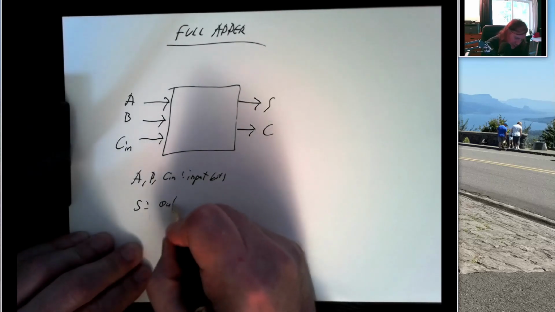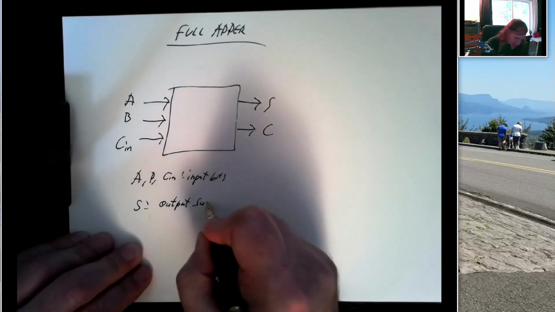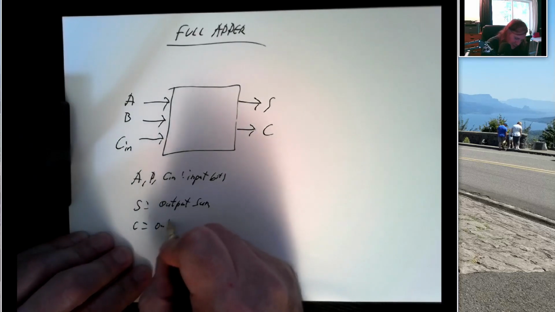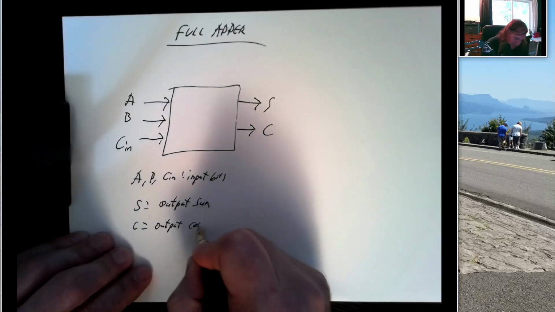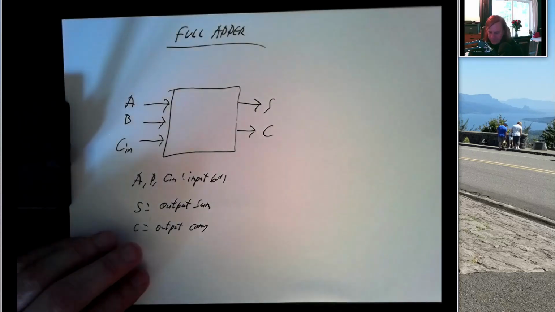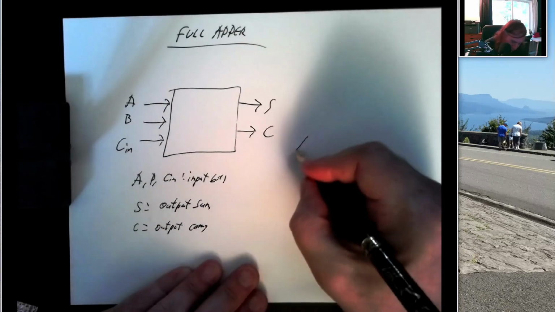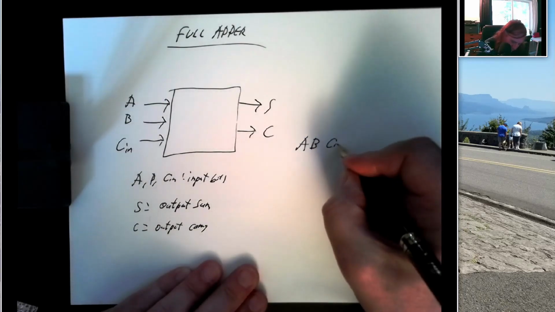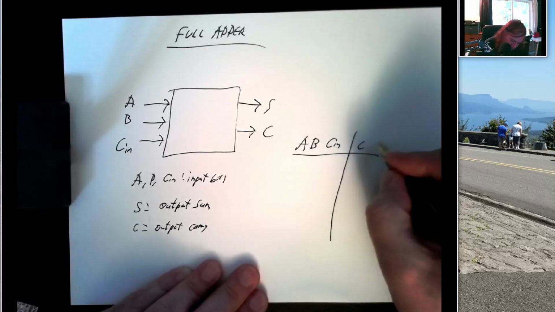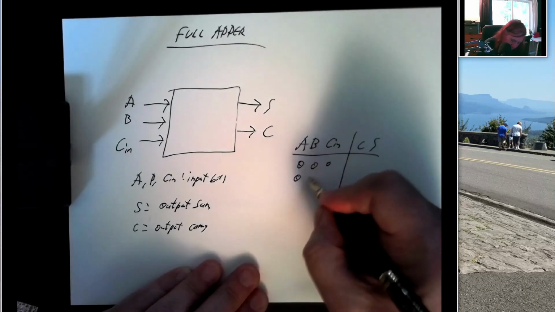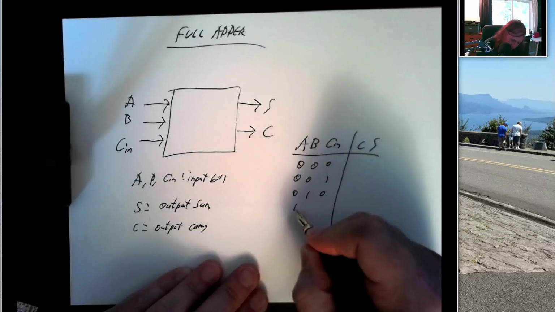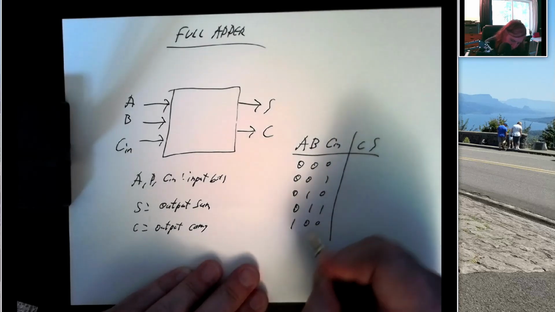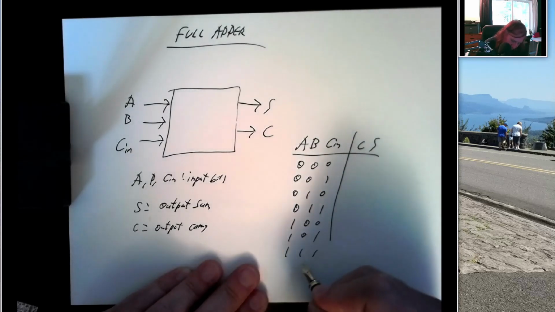S equals output sum, C equals output carry. And we can design a truth table for this. And it's a little more complex because we've got 8 possible combinations.